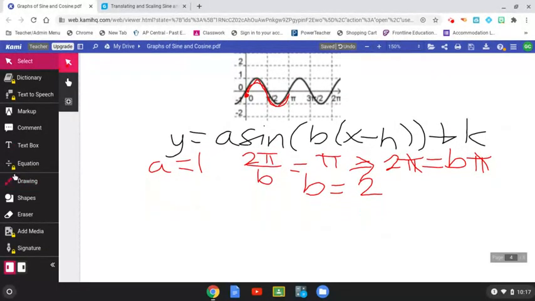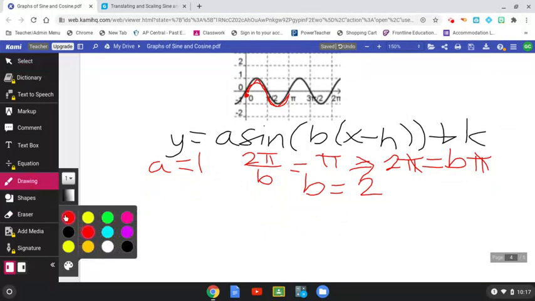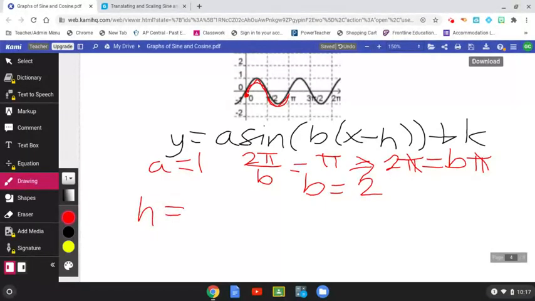Okay, now I'm also noticing, I'm thinking about H now, that the graph starts at 0. Okay, so H, I know, is equal to 0 because that's my starting point. And K, I can also tell, equals 0 because the graph is not shifted up or down, and I know that based on the midline. Okay, the midline is still y equals 0.